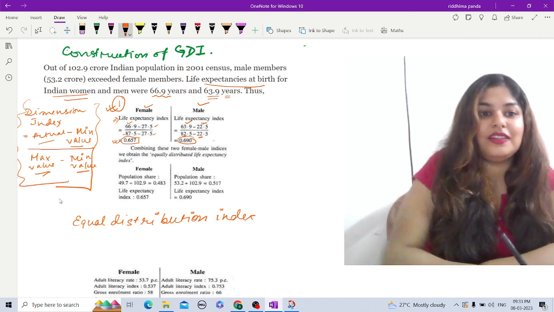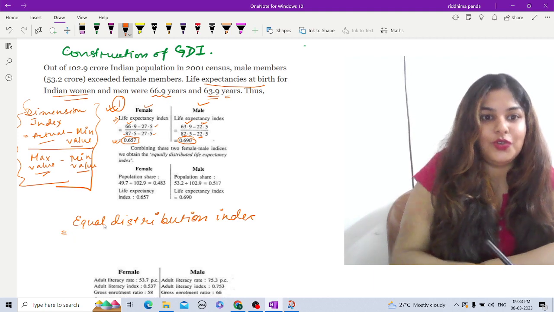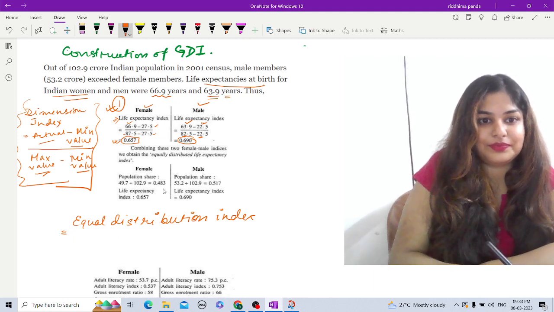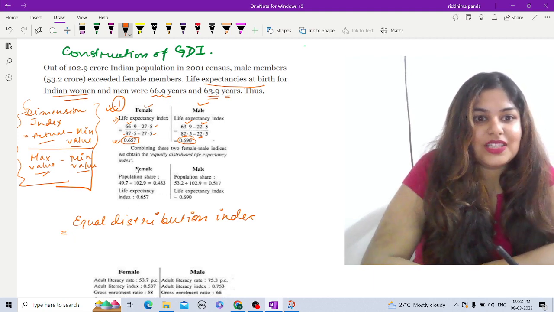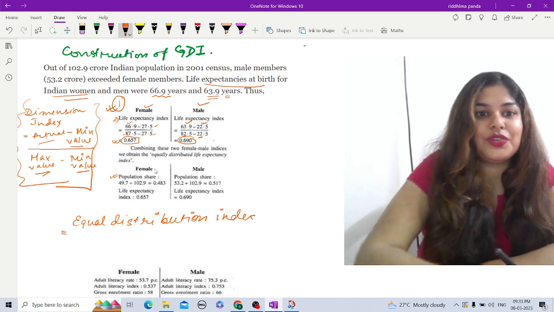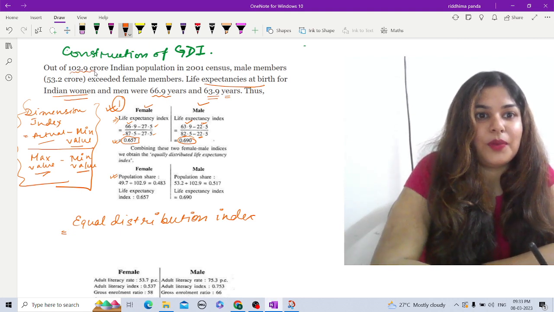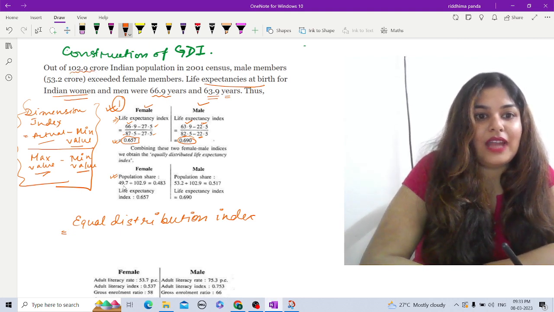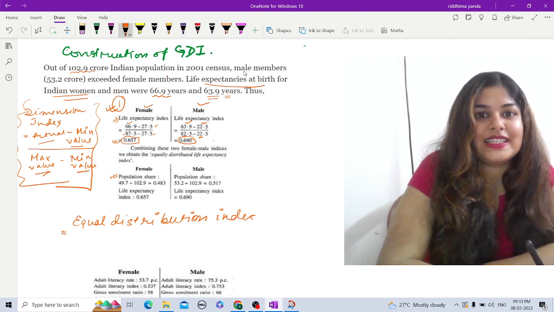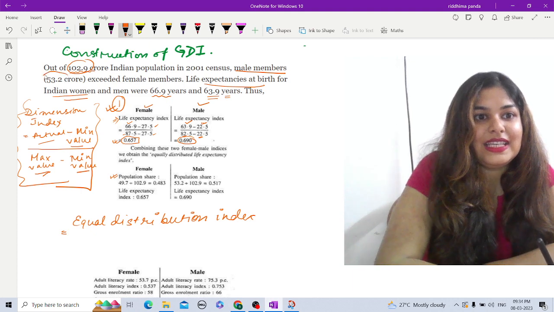For that, the formula is something you should know. Here we have written the population share of female. How have we calculated the population share? You know that this is the population, and in the data it is given for the male members, so out of this, these many are males.